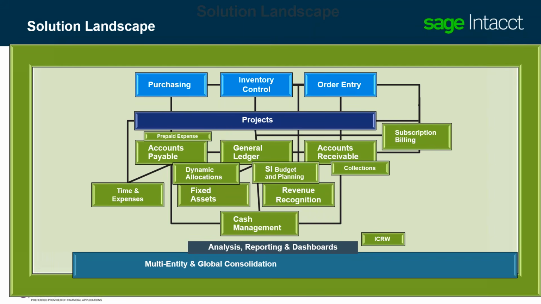And the point that I like to make on this landscape slide is that all roads lead to the general ledger. So that is the strong connection here. The dimensions that I've been talking about, they work in every one of these applications. So you're creating dimensionalized data that's flowing through to the general ledger so that you have the ability to create and look at those granular reports.